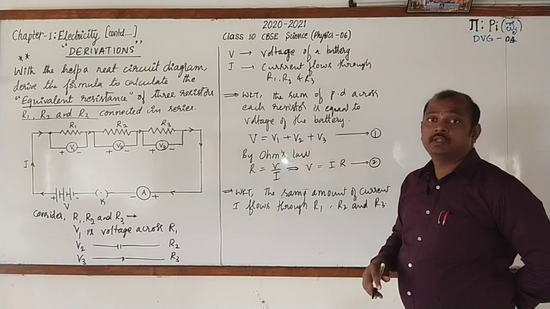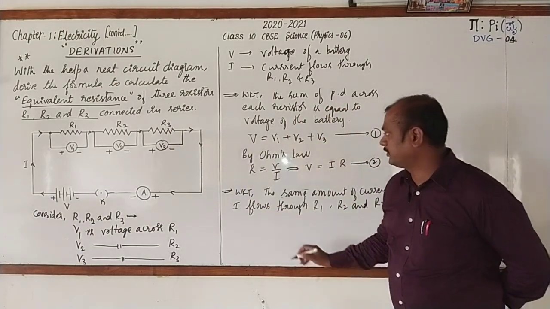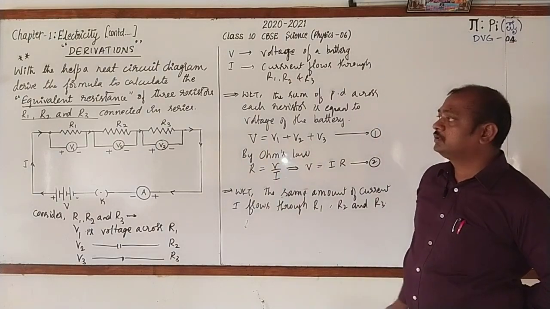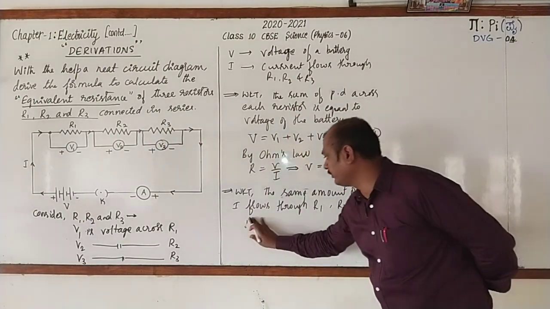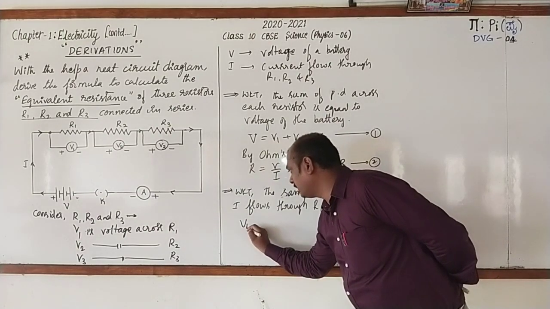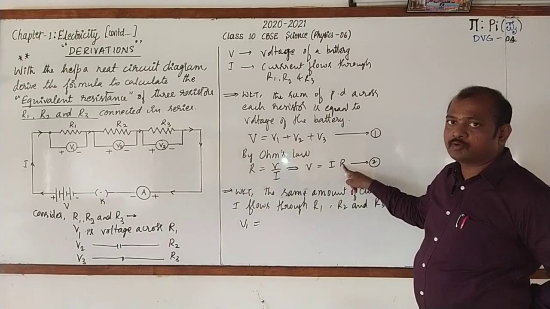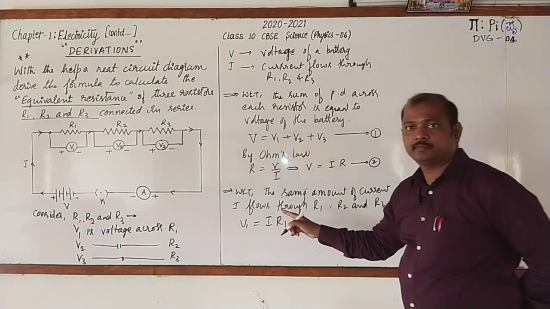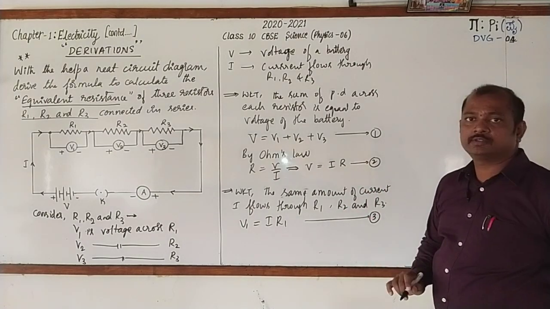If it is so, then what is the resistance of the first resistor? It is R1. Then what is the voltage across R1? It is V1. Hence we can write again by Ohm's law, V1 is equal to I into R1, because the same amount of current flows. I call this equation 3.